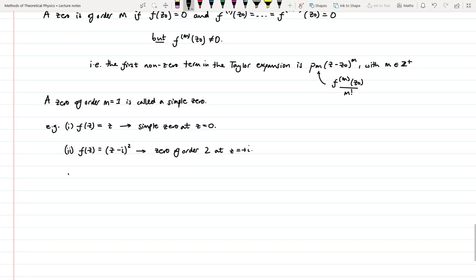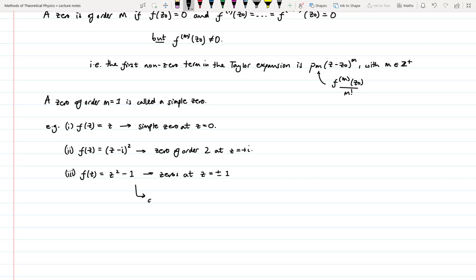A couple more quick examples. f of z is z squared minus 1. This function has zeros when z squared minus 1 equals 0. So we can note that this has zeros at z equals plus or minus 1. To characterize them, we have to form the appropriate expansion.